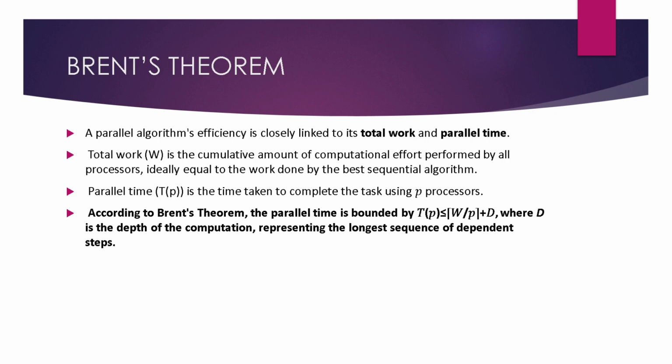Parallel time is represented as T(P), and it is the time taken to complete the task using P processors. According to Brent's theorem, the parallel time is bounded by T(P) ≤ W / P + D, where D is the depth of the computation, representing the longest sequence of dependent steps.